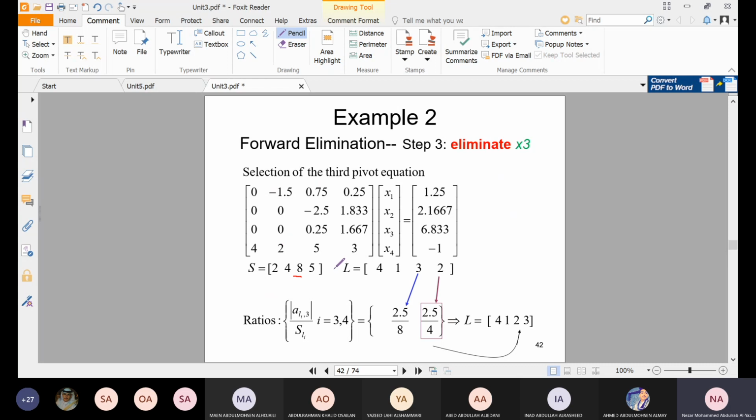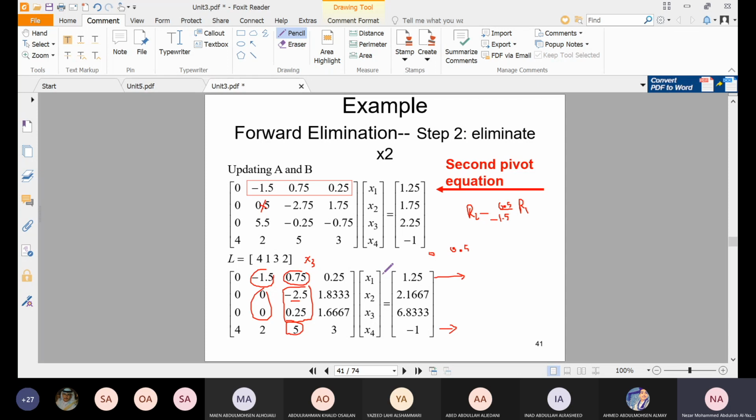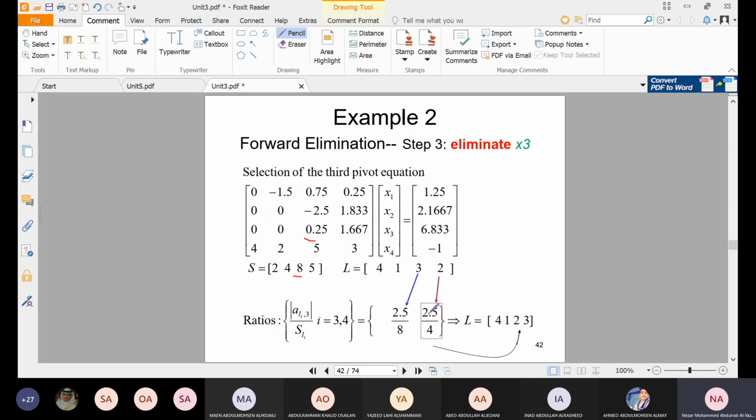For row number 2, this should be 0.5, yeah, it's 0.25. Okay, this 0.25 over 8, sorry, this is 0.25.